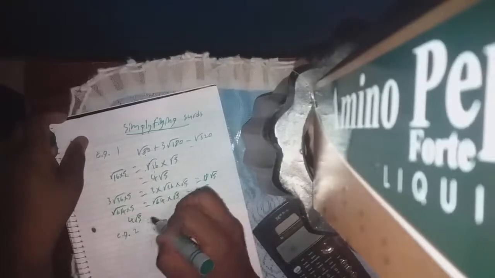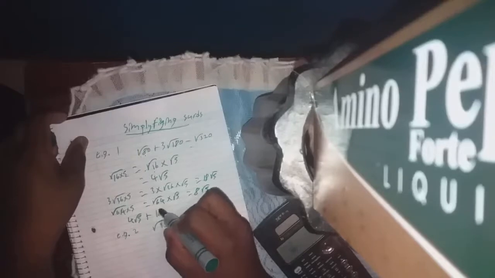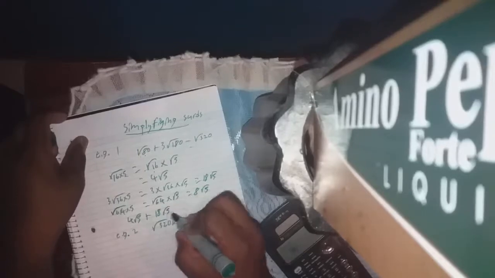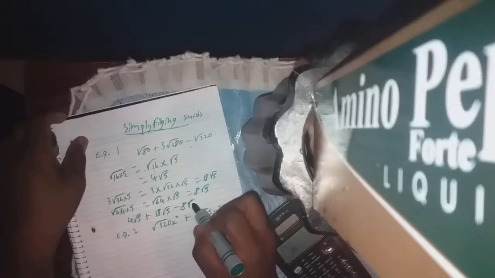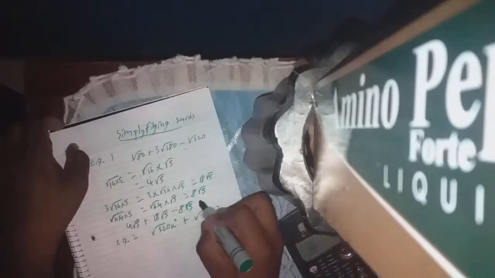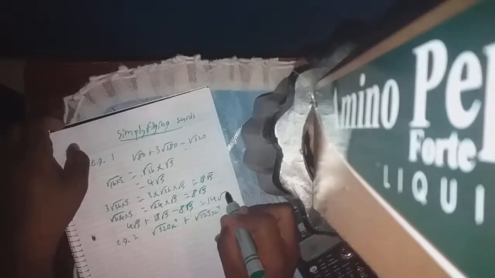So now we would have 4 root 5 plus 18 root 5 minus 8 root 5, and we would just subtract and add to give us 14 root 5.